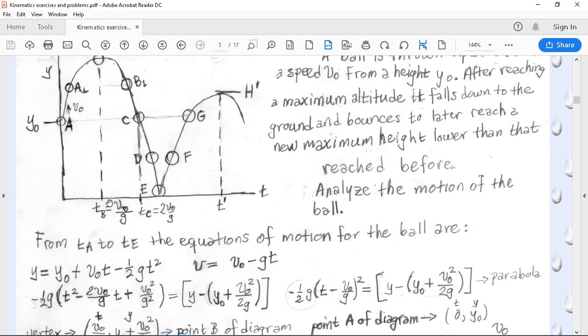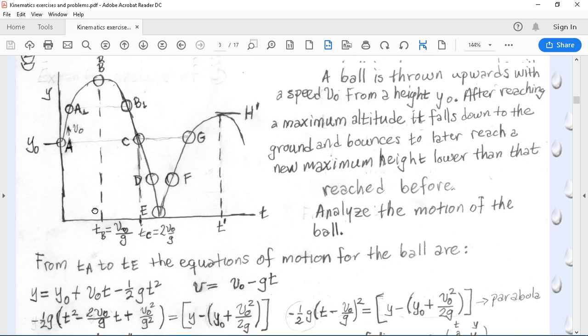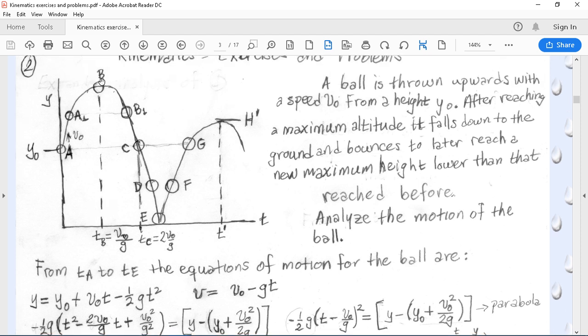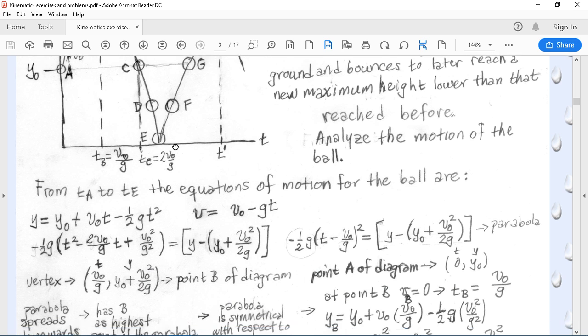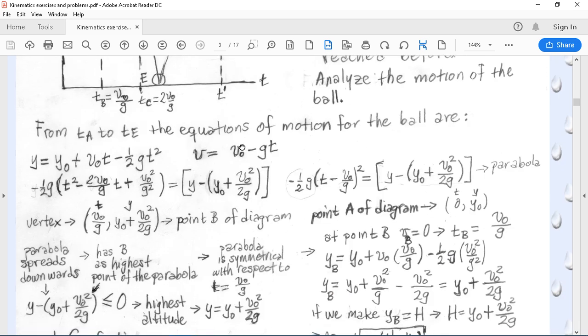The altitude at which this position B is, or the value of this position, will be denoted as H, capital H, or upper score H.